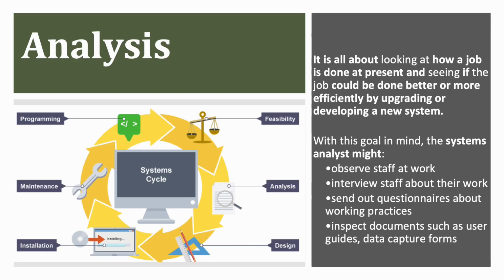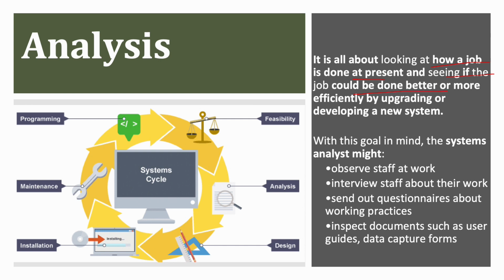So let's go through each of them, even though we've talked about it briefly. I'm just going to touch on them. So basically, analysis is about how we're looking at what we have now, how we're going to get a job done. So basically, how is it being done now? Is it meeting its current purpose, or is it meeting the purpose we need to get it for?